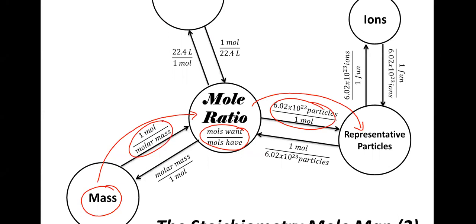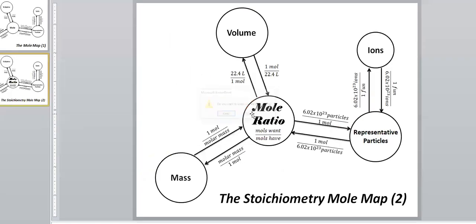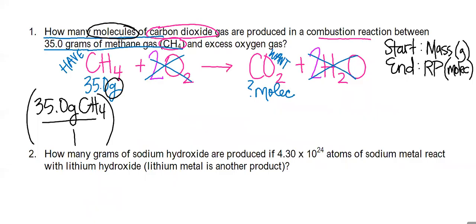Okay. So parenthesis number 2, we already did number 1. So number 2 is this. And we remember this is a half step. Every time that you go towards the mole ratio, it is a half step. So going back here, we are going to put 1 mole of the compound we have, the CH4, over the molar mass of CH4.